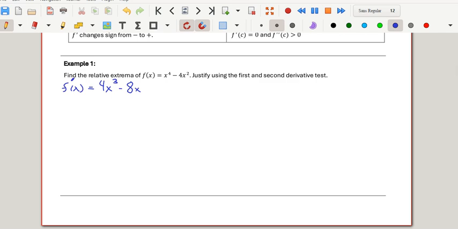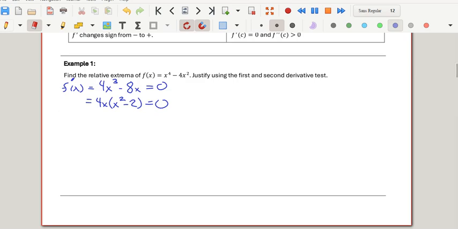So we have to set that equal to 0. We'll factor out a 4x, leaving us with x squared minus 2. And what are my critical values? 0, and then positive and negative square root of 2.